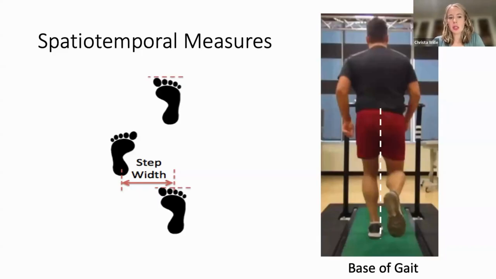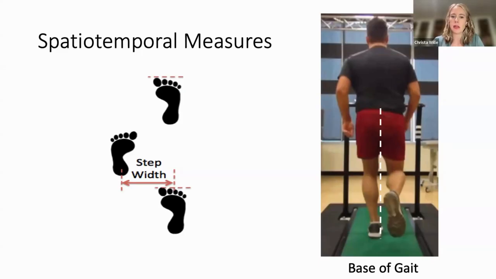If we take a look more closely at step width, again, that's the medial lateral distance between steps. And oftentimes we hear this called base of gait as well. And in order to understand what's happening between limbs individually, oftentimes clinicians will look at the distance, not necessarily between feet, between the right and left foot, but between the foot in contact with the ground and a line representing the position of the center of mass.